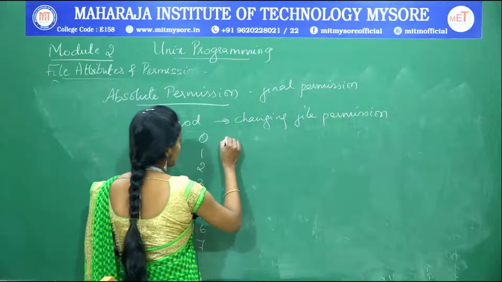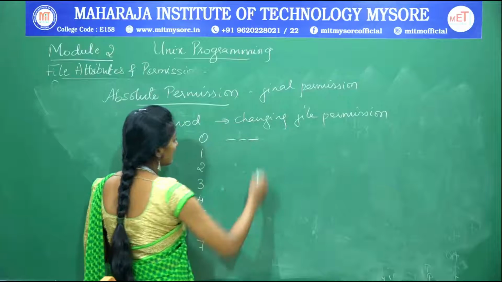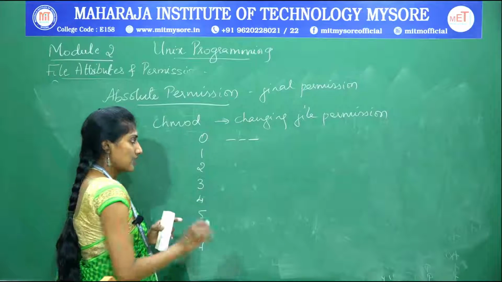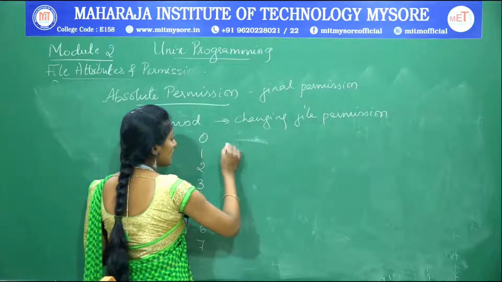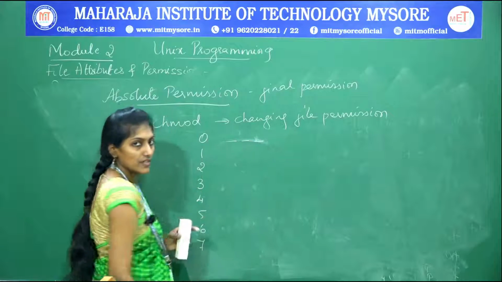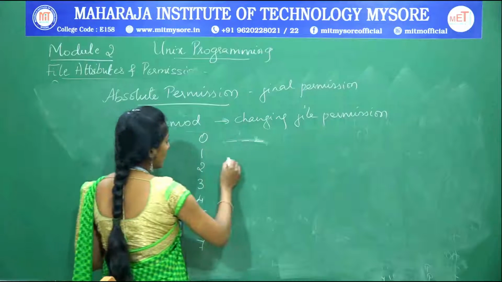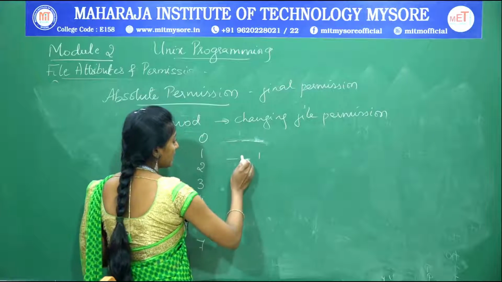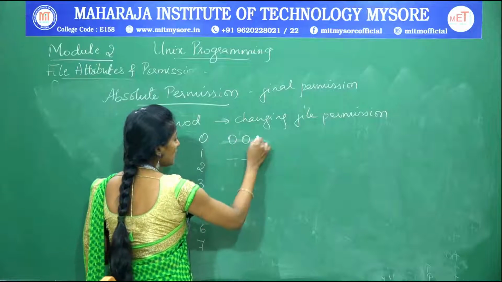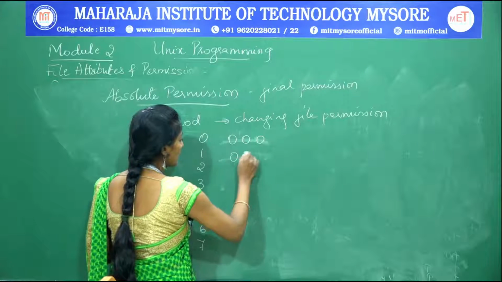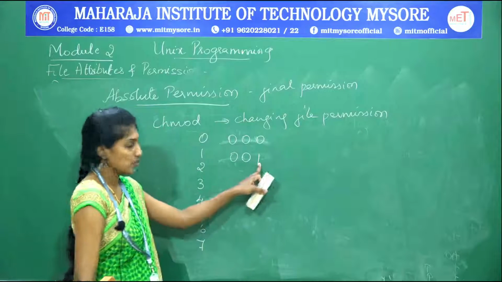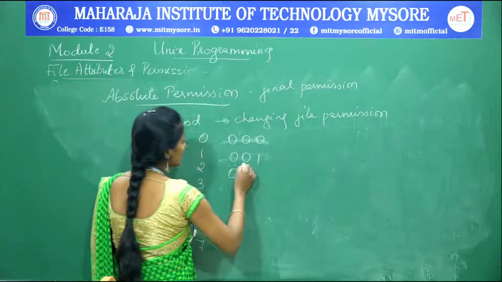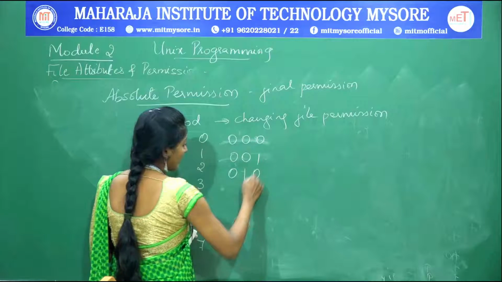Now the binary representation. For 0, all the 3 bits will be 0 itself, or absent. For 1, only one bit gets enabled, that is 2 power 0, which is 1, so 0 0 1. For 2 it is 2 power 1, that is 0 1 0.